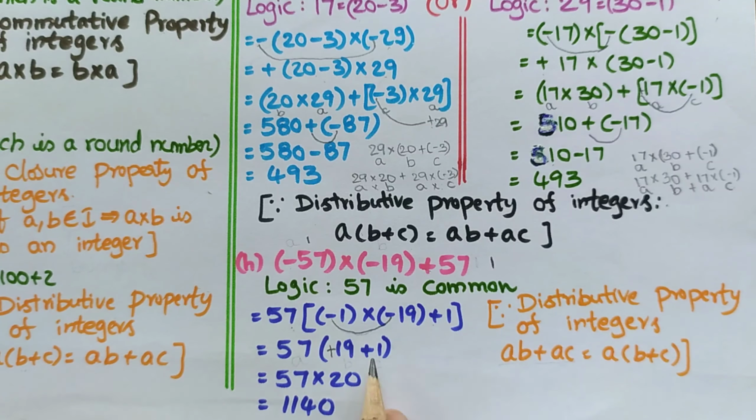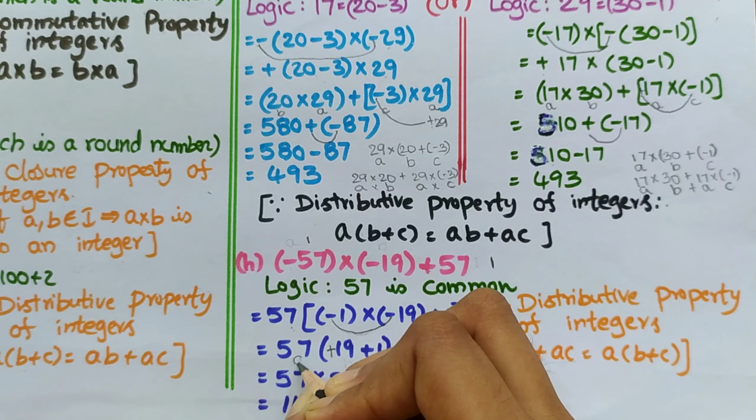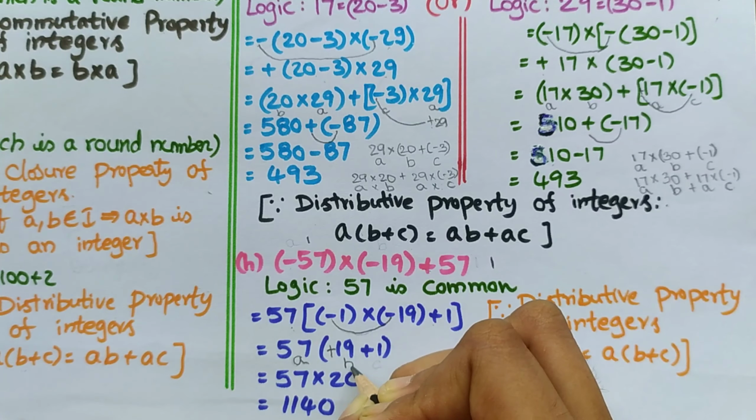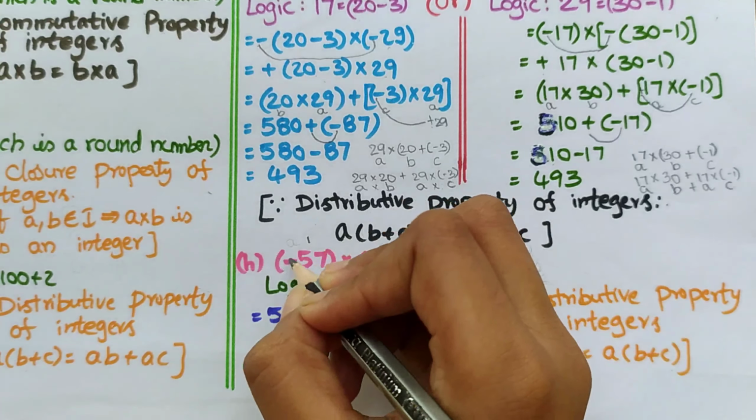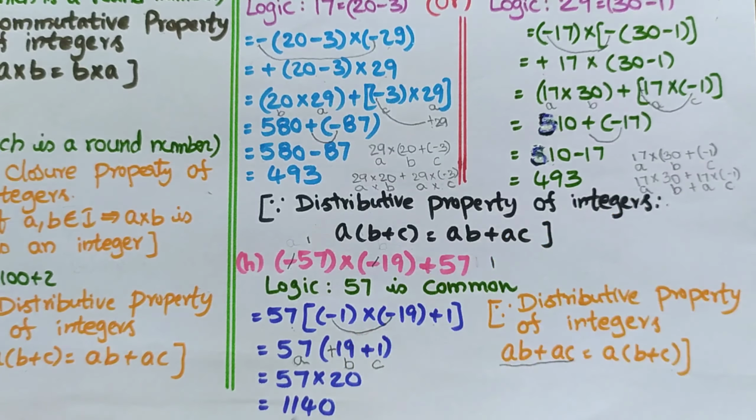So clearly this is in the form of A into B plus C. So we have to convert it into AB plus AC. But it is already given in the question in this form, AB plus AC. So here minus minus get cancelled.